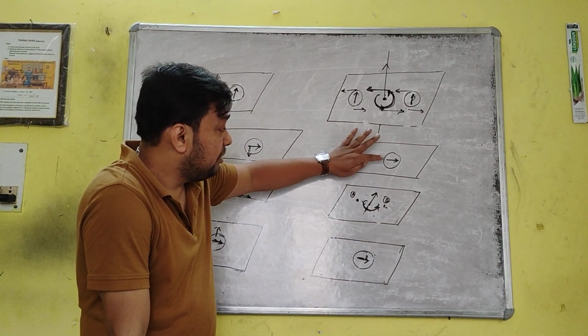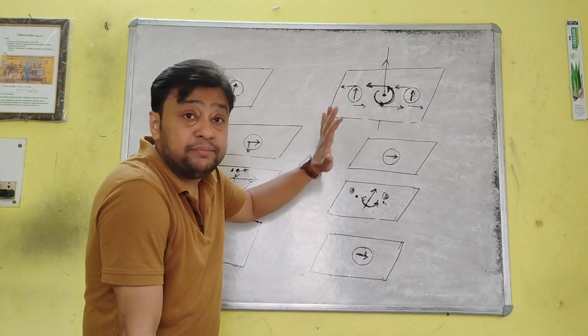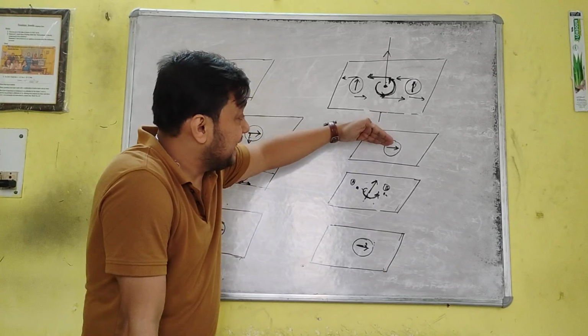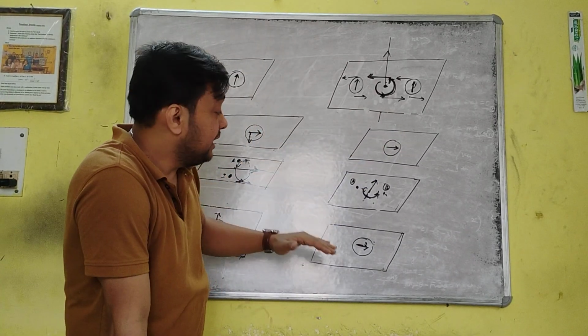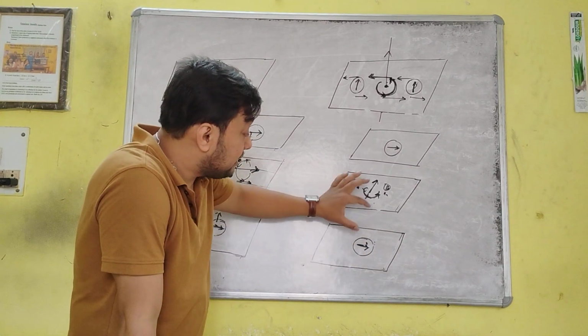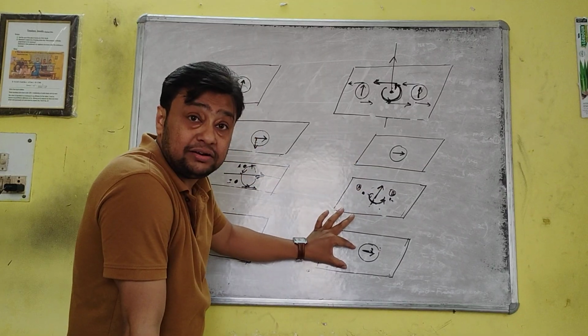Here also the same thing will happen. The tip of the compass needle will go in and the tail will come out. Both the compasses were exactly below the conductor.